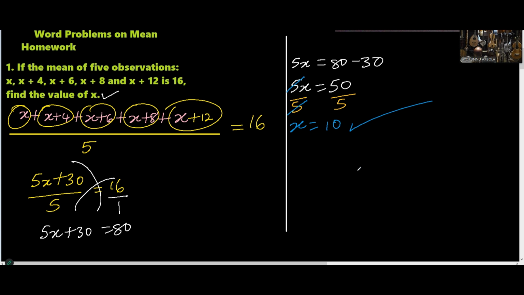There are 5x's there. Then 4 plus 6 plus 8 plus 12 is 30. Then divided by 5 and 16 over 1 and cross multiply.